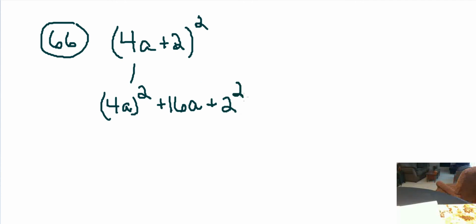I'll write it up like this. Then you simplify it whatever you can do here. So we got 16a squared plus the 16a plus 4.